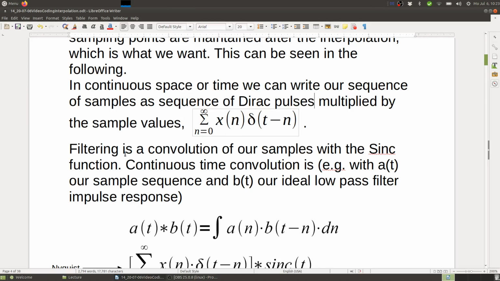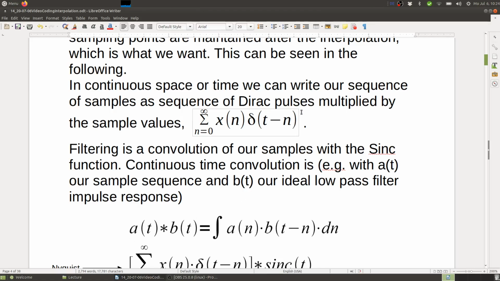Filtering is then a convolution of our samples with a sinc function. Continuous time convolution is, for instance, with a of t as our sample sequence and b of t our ideal low-pass filter impulse response, defined as this.